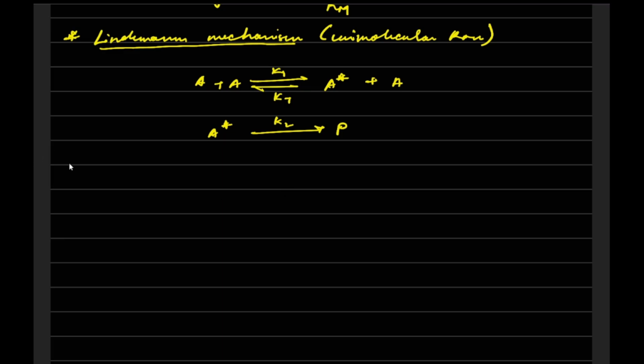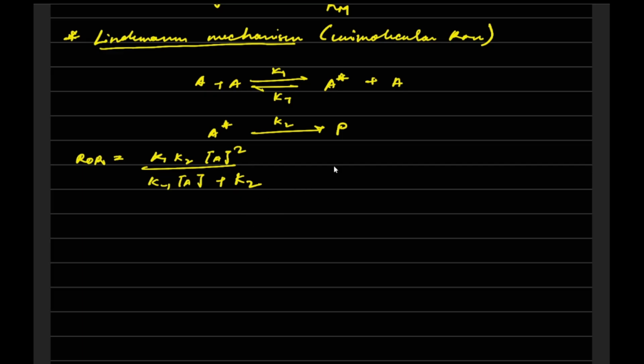Okay. So the rate of reaction is equal to K1 K2 A square divided by K minus 1 A plus K2. So this is the rate of reaction for this reaction.